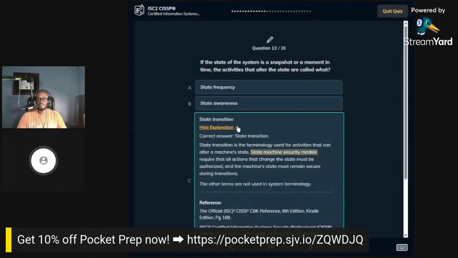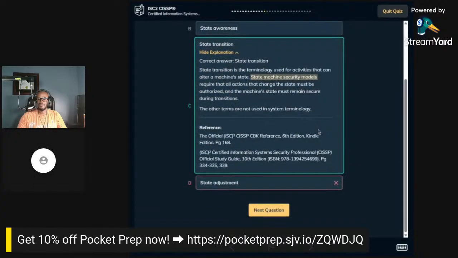Oh, it was transition. So state transition is the terminology used for activities that can alter a machine state. State machine security models require that all actions that change the state must be authorized, and the machine state must remain secure during transitions. The other terms are not used in system terminology.